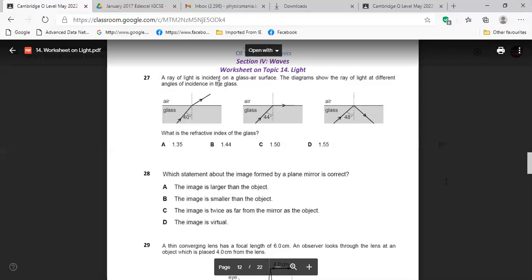n is equal to sine i by sine r. No. Let me see. n equals 1 by sine C. Yes, you got that one, right? It is related to the critical angle. So which diagram is showing you that critical angle?